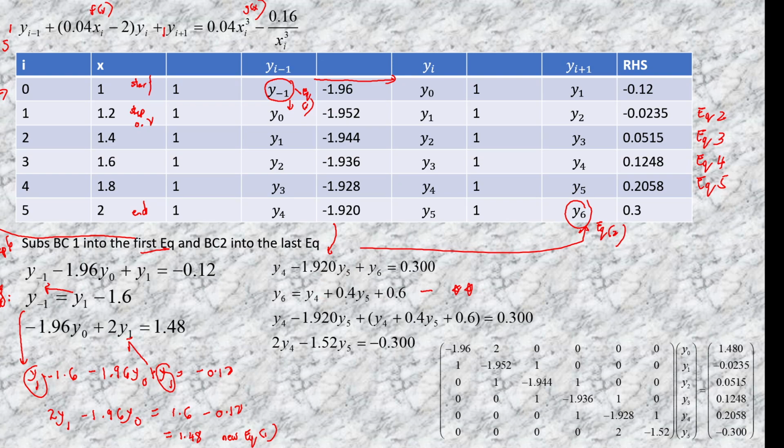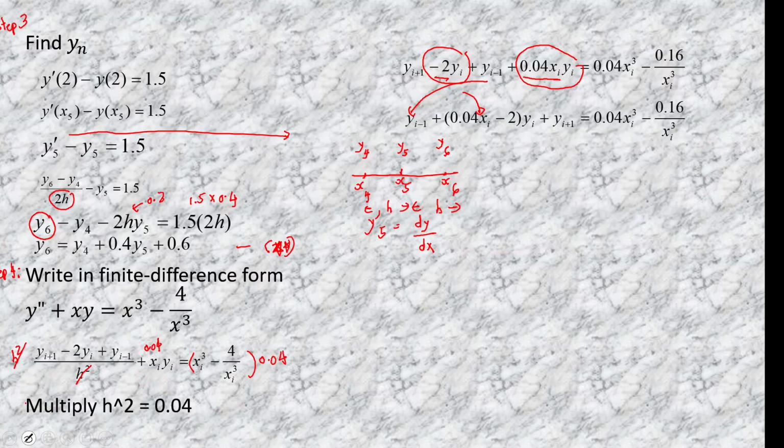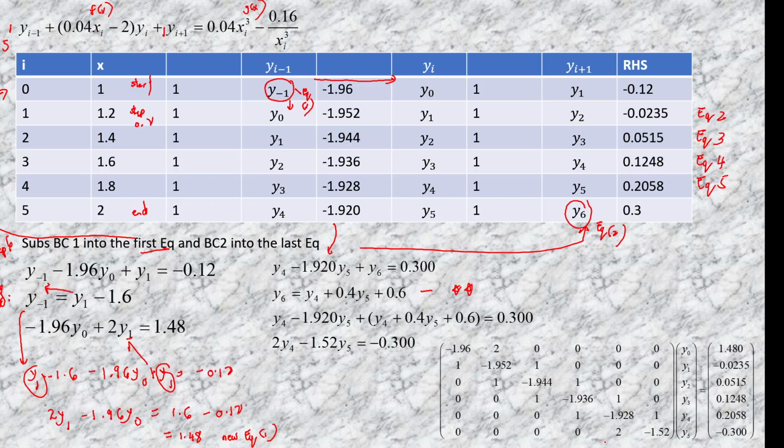Go back to step number 3 here. Y6 equal to y4 plus 0.4 y5 plus 0.6. Let's call it equation double star. Thus you plug in y6 as here. So you get y4 minus 1.920 y5 plus y4 plus 0.4 y5 plus 0.6 equal to 0.3.